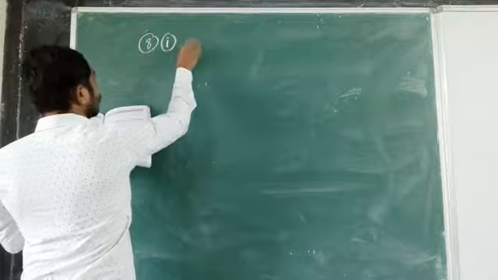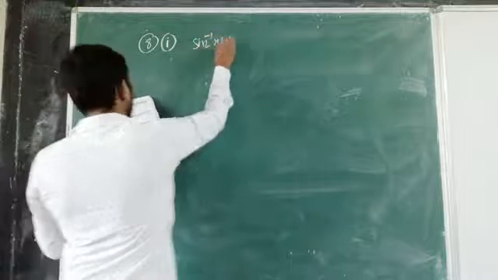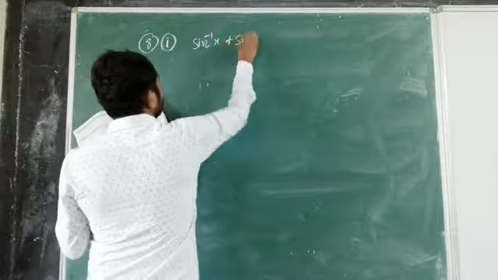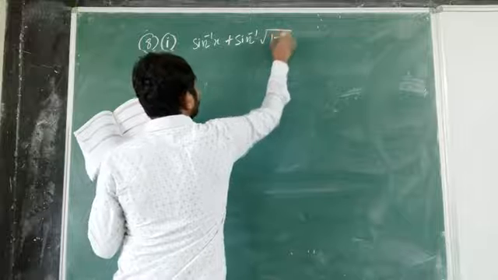Find the d by dx of sine inverse x plus sine inverse root 1 minus x square.